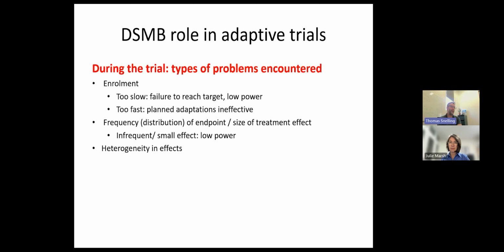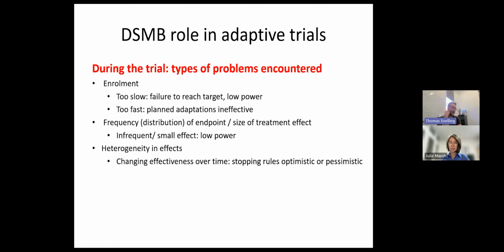Another thing we sometimes see is heterogeneity in treatment effects across different patient subgroups. And one particular issue for adaptive trials is sometimes the effectiveness of an intervention can change over time because of change in the population enrolled. One example that has been brought up by Roger Lewis is the situation where you initially enroll people who are relatively treatment refractory and in high need.